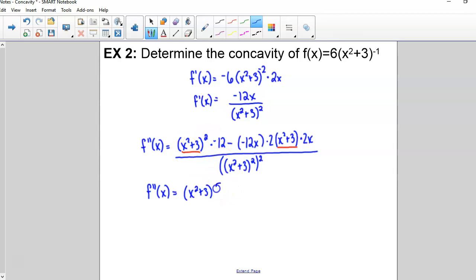And that would leave us here with negative 12 times x squared plus 3. And then in the second expression, the x squared plus 3 will be gone, so we'll have the negative 12x times 2 times 2x. So that would give you a plus 48x squared all over x squared plus 3 to the 4th power.